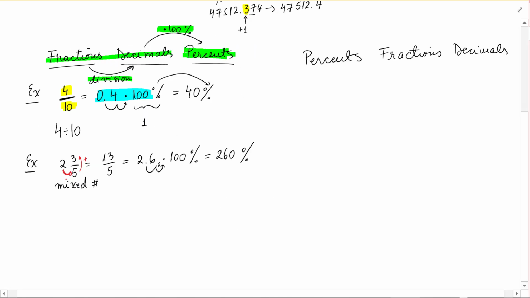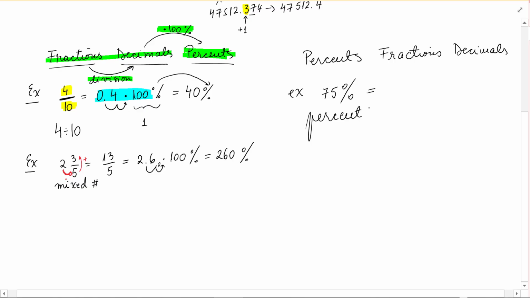But what if the problem is given in percent format and we want to find out what's the fraction, what's the decimal? So let's say we have this example where we have 75%. So we read it 75 percent.